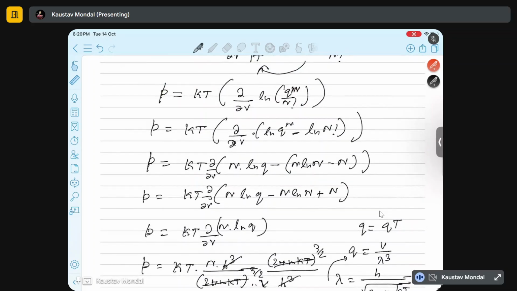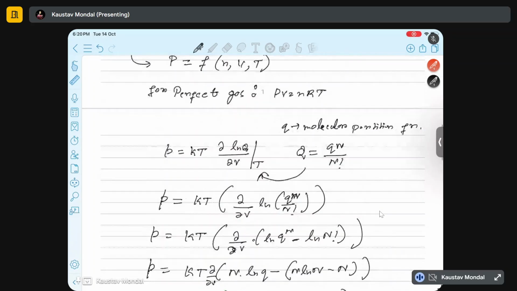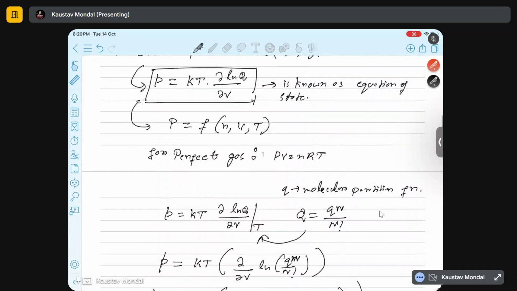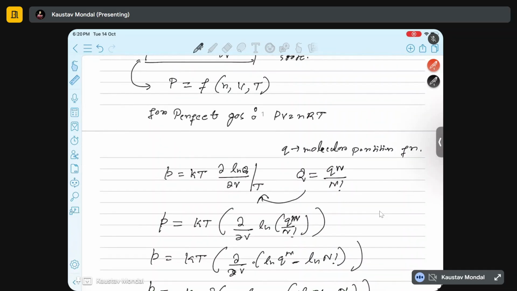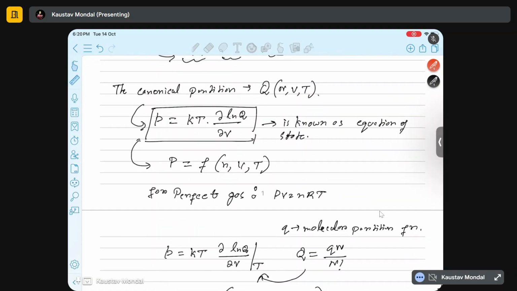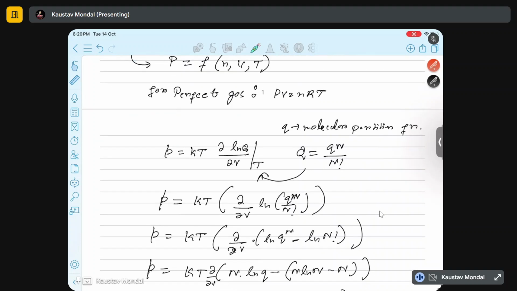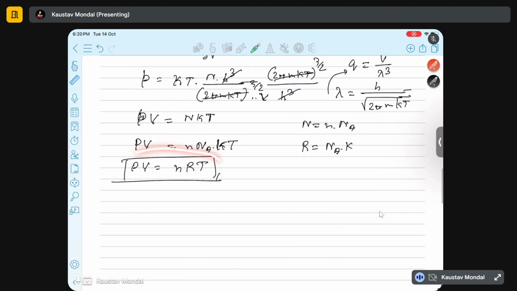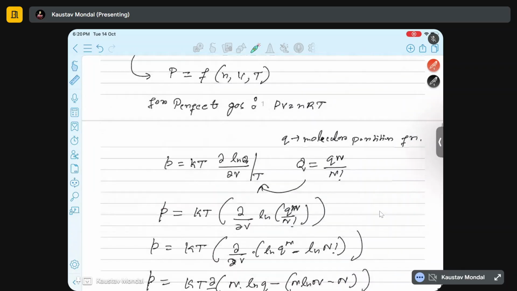So basically, what we have done here, for a simplistic perfect gas, using this relation, what is actually known as the equation of state for any general kind of gas system, we have derived the relation PV equal to nRT, right?